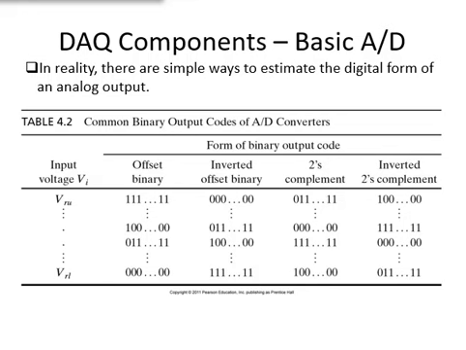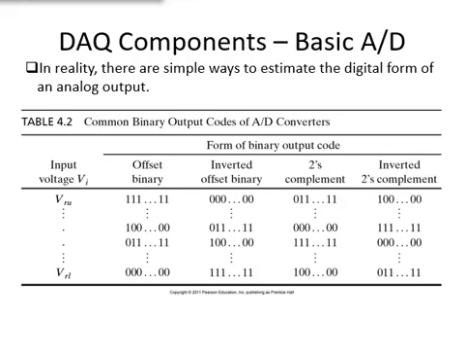The output binary number may increase with increasing input voltage or decrease with increasing input. Table 4.2 shows the form of the binary number for this code. VRU and VRL represent the upper and lower value of the input range, and VI is the input voltage.